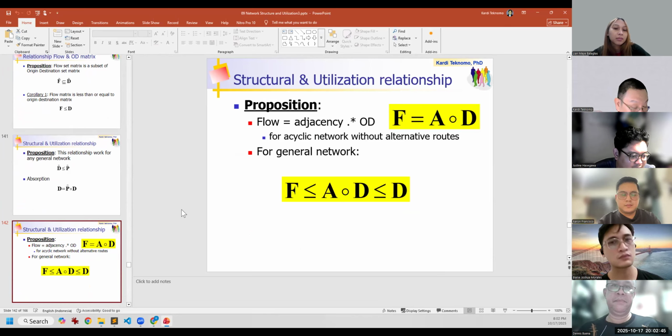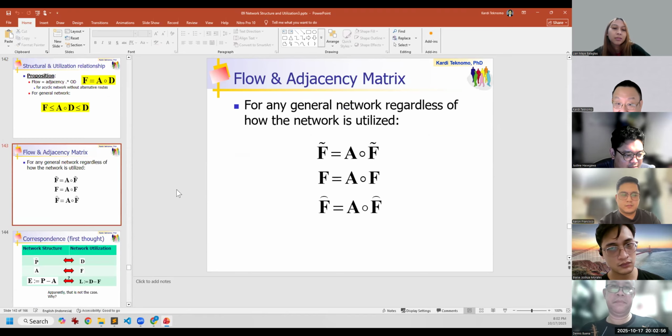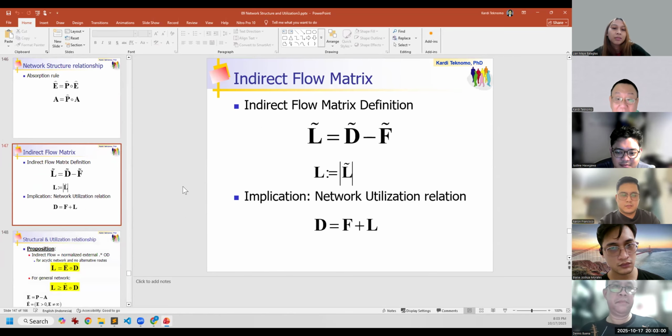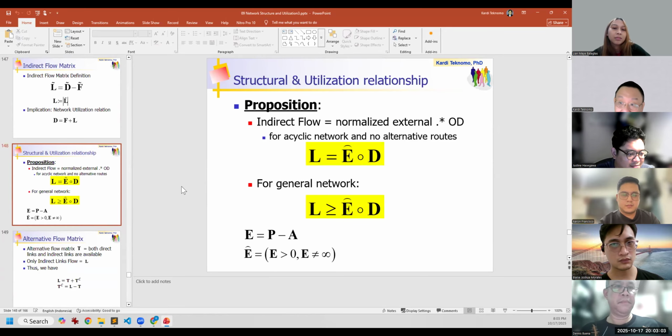Very general, not necessarily strongly connected. If your network is an acyclic network, you only have this one, no alternative route, so this is simpler. And there are many other relationships that you can also check, for example, this one.